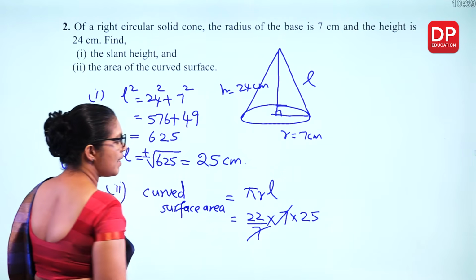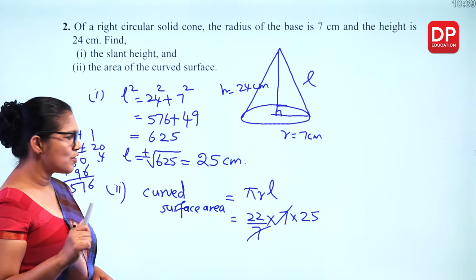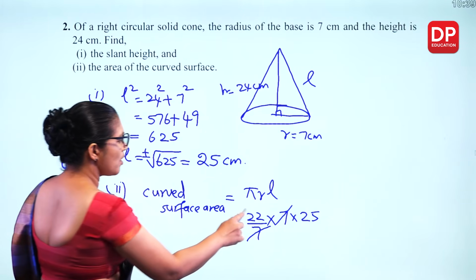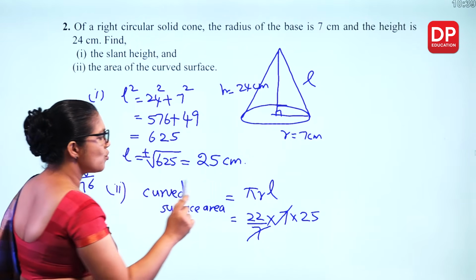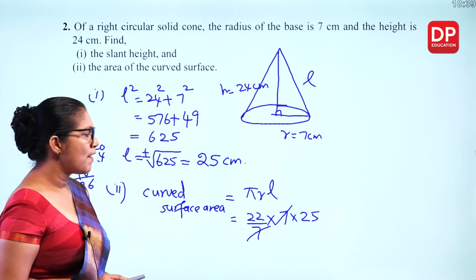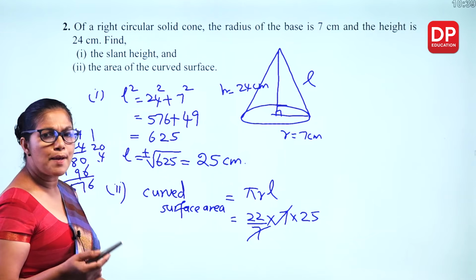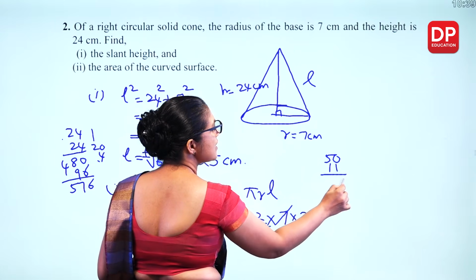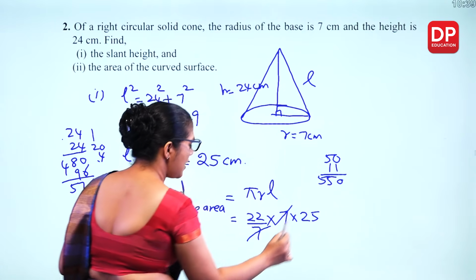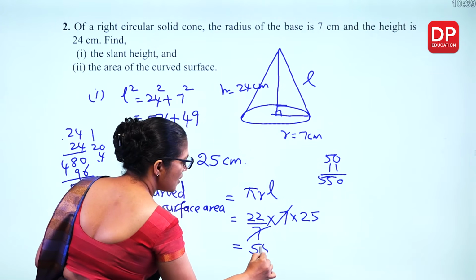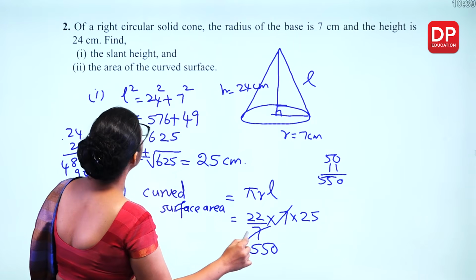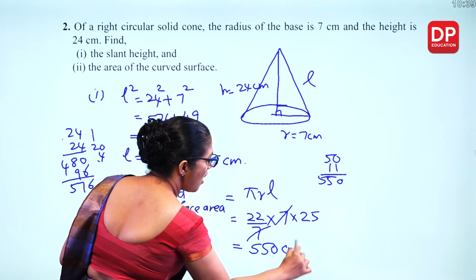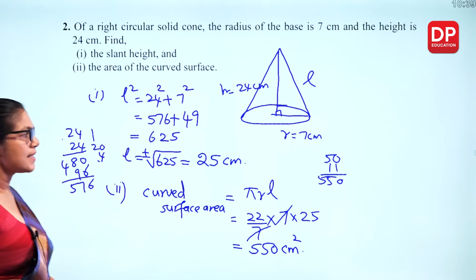Now multiply by this. What's the easiest way to do? You can take 2 out. 2 times 25, you get 50. 50 times 11, you get 550. So what's the area? 550 square centimeters.